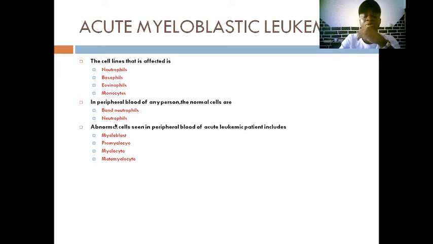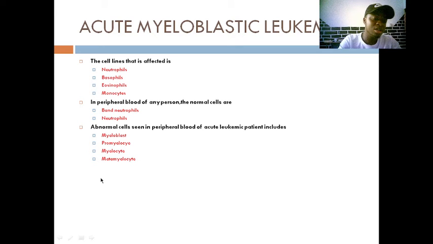Now the abnormal cells seen in the peripheral blood of an acute leukemic patient include these. This one is very important. The abnormal cells likely to be seen in the peripheral blood are the myeloblasts, promyelocytes, myelocytes, and metamyelocytes. These are immature cells.